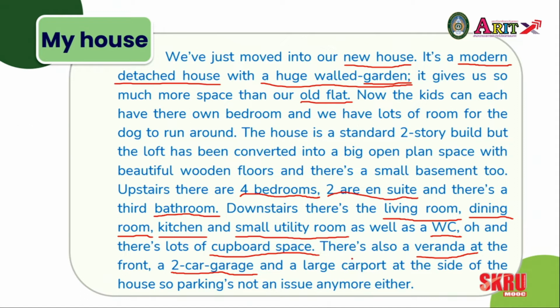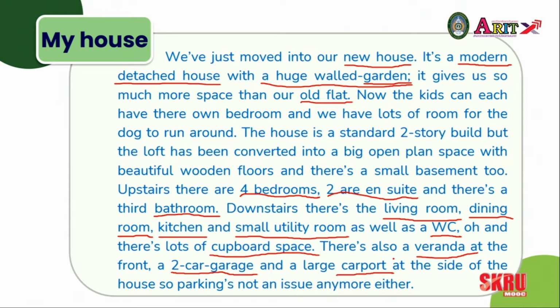And also a large carport. A carport's another option a lot of houses have. A garage has walls and a door. A carport is just a roof with pillars holding it up that can protect your car from the weather.